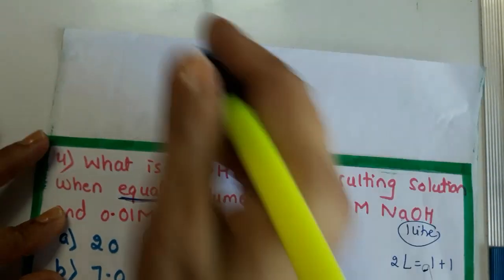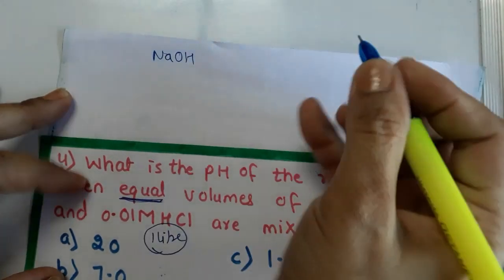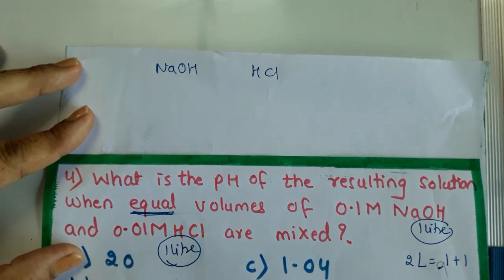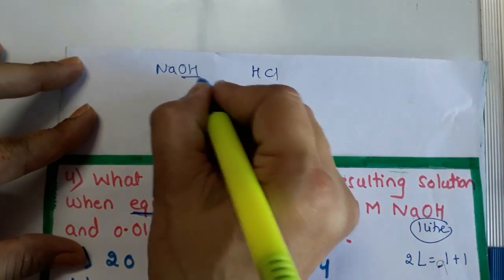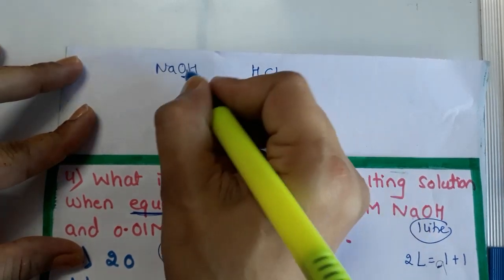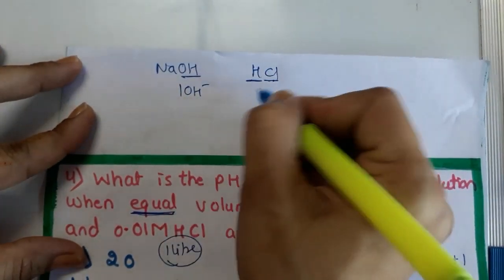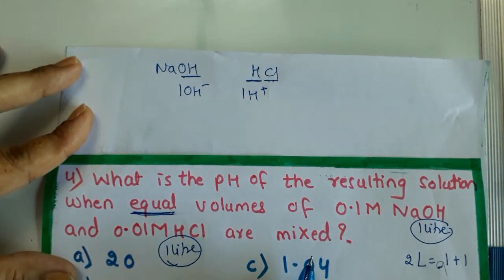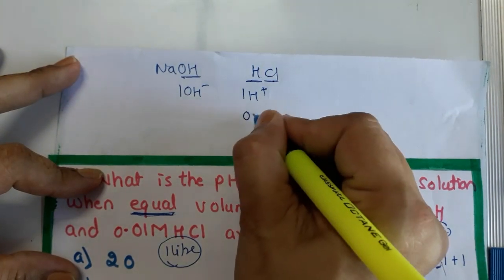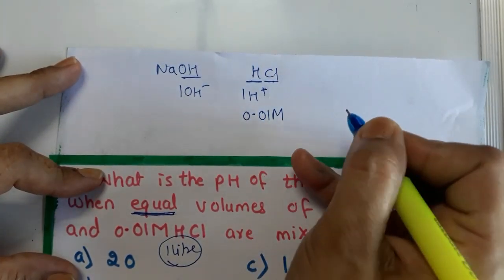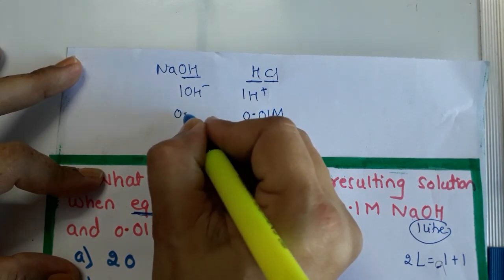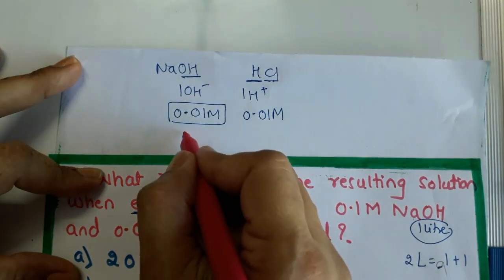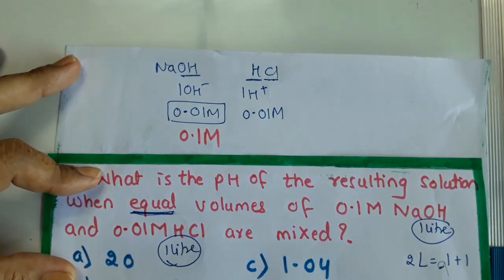Now students, when NaOH and HCl are added, what is the pH of the resulting solution? By the reaction we can make out that 1 OH minus is neutralized by 1 H plus. Now what is the concentration they have given? They are saying that 0.01 molar HCl is there, which will neutralize only 0.01 molar of NaOH, isn't it? But how much amount are we having? We are having 0.1 molar.